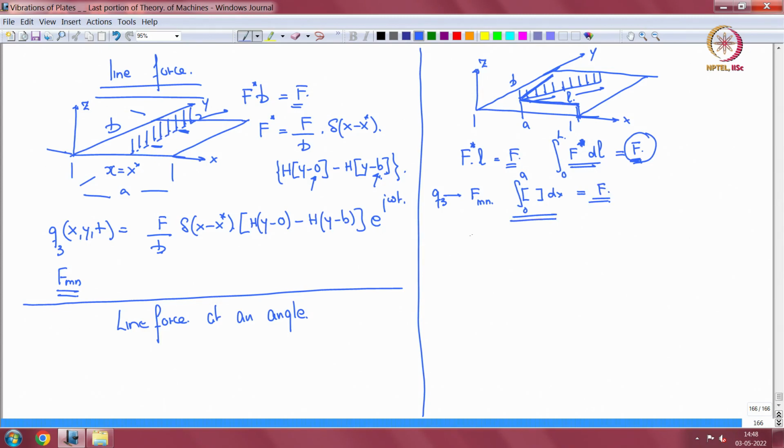So, let us say this line is y equal to px, a line going through the origin hypothetically. Then I have the integral along the L direction of F star into dl, which is equal to the integral along L of F star square root of dx square plus dy square.